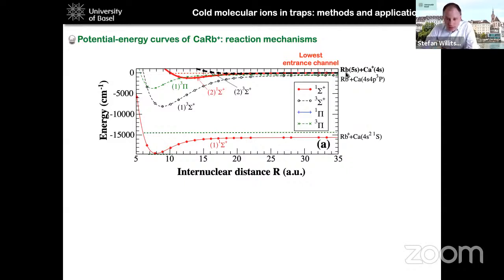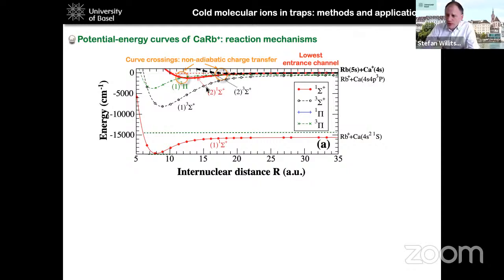So during the collision, we come in here, as a function of the internuclear distance, those two come close to one another. And at some point, they reach a region where we have a crossing with this green dashed curve here. That is a potential energy curve that is associated with this charge transfer state.